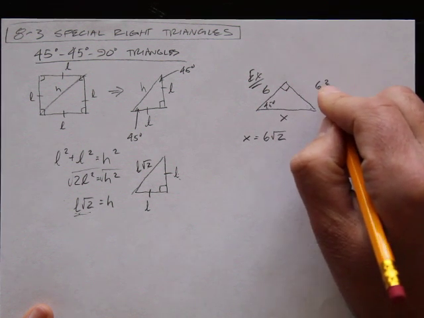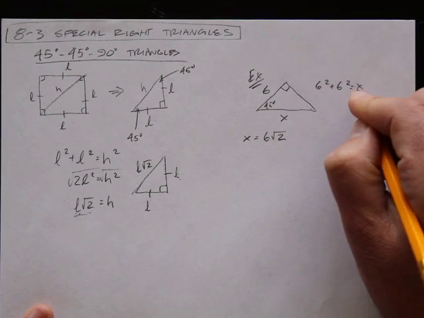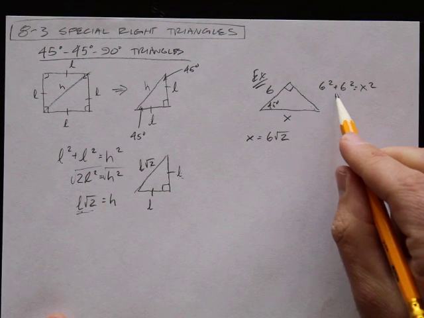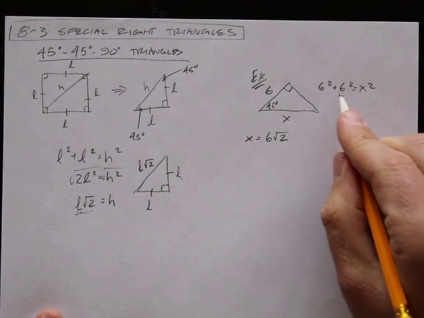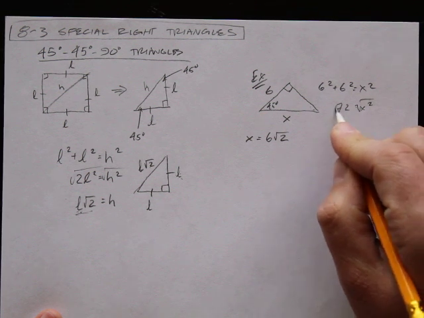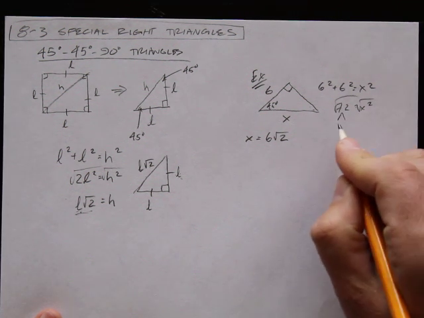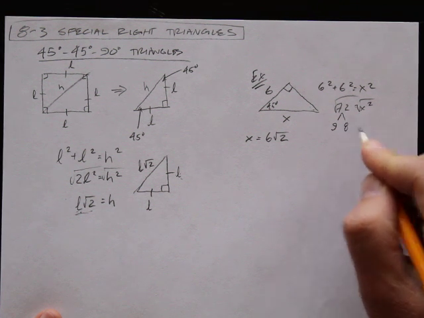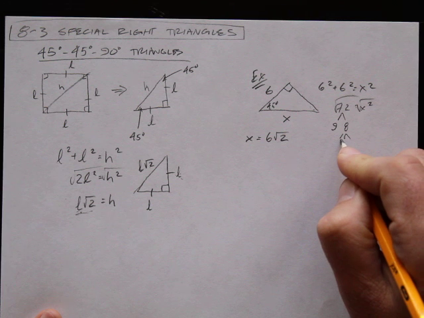So I could say 6 squared plus 6 squared equals x squared. And I could do all of this work, and I could say 36 plus 36 is 72 equals x squared. Take the square root of both sides. And 72 is 9 times 8, right? And this is 2, 2, 2.